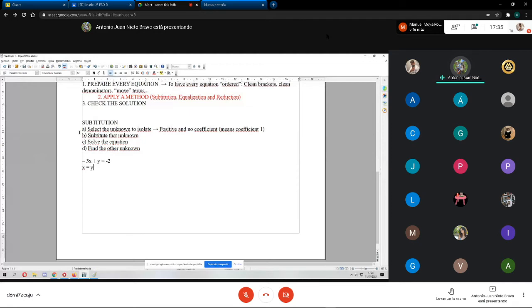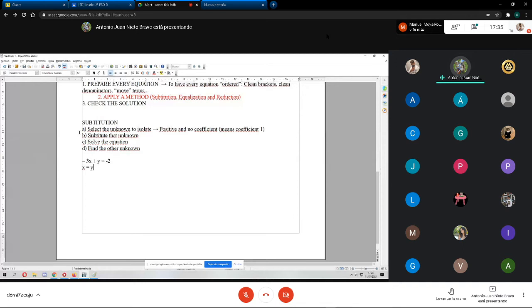I'm saying that y equals minus 1. And I'm saying that x equals y. So if y equals minus 1 and x equals y, x equals minus 1. It's direct. X equals y. So x equals minus 1. So my final solution is x equals minus 1 and y equals minus 1.